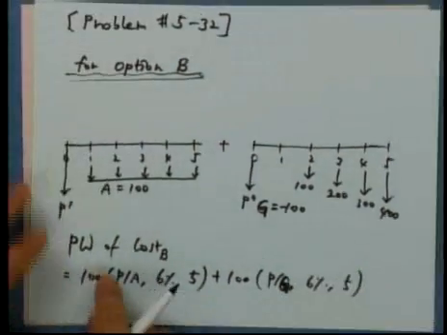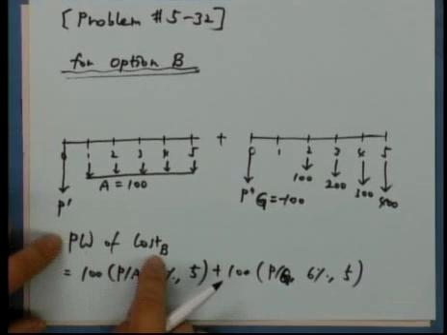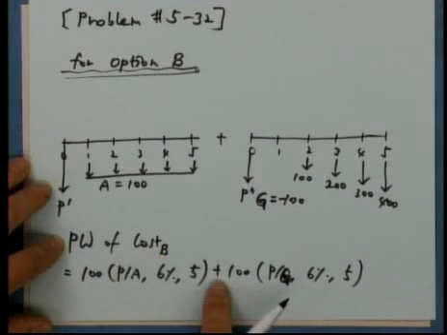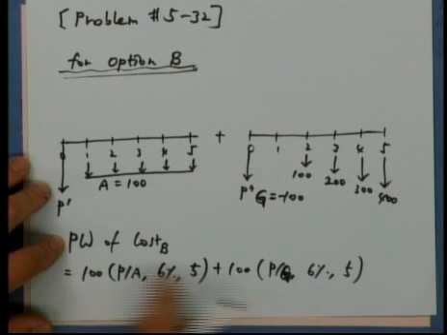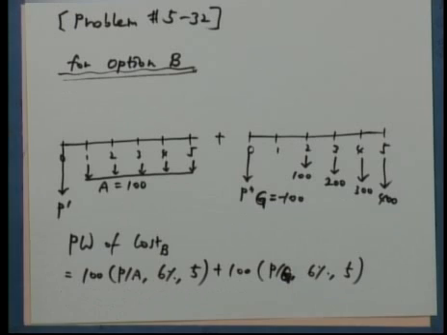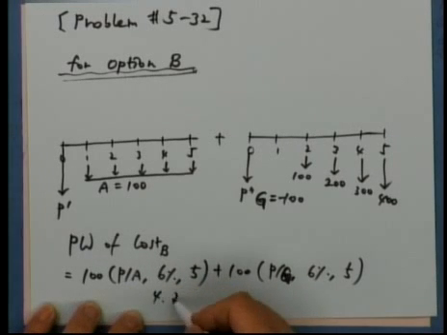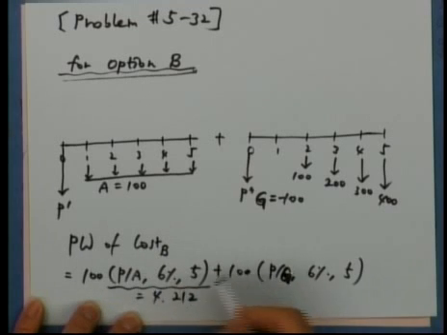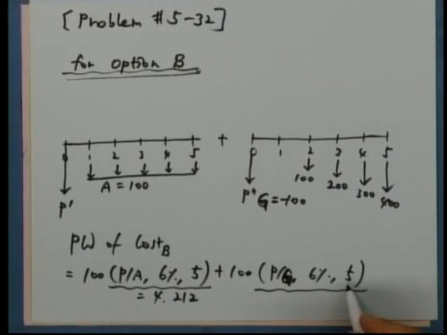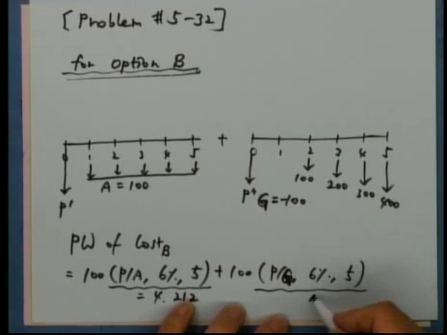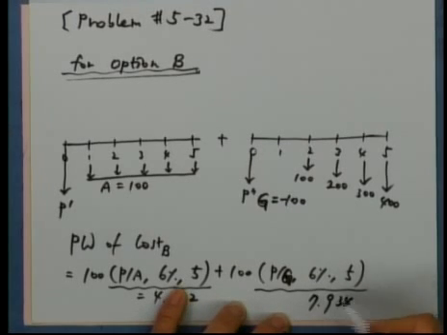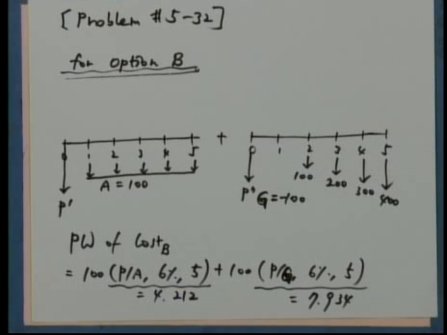Because we are calculating present worth of cost, not the present worth of benefit, you should not put a negative sign here. So what are those table values? We are looking for 6% interest rate, P given A over 5 periods. This is going to be 4.212. And P given G over 5 periods, 7.934.